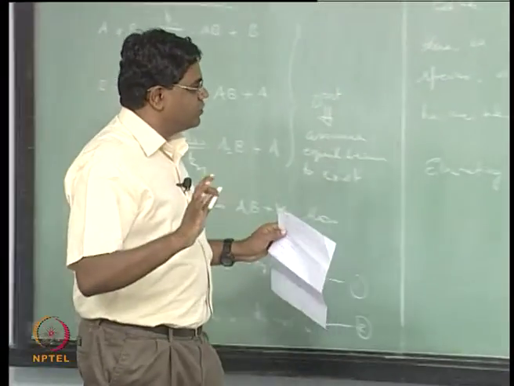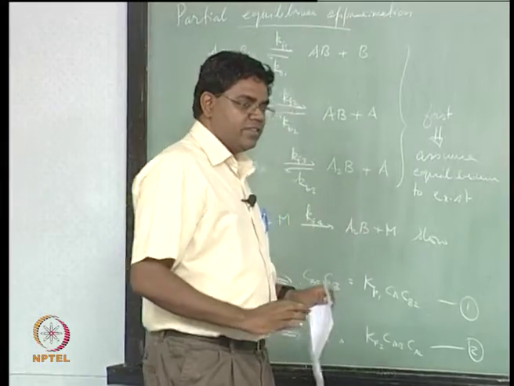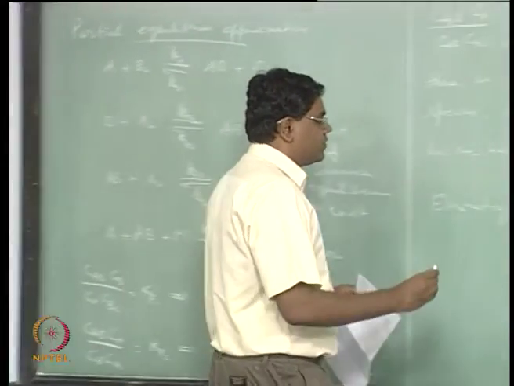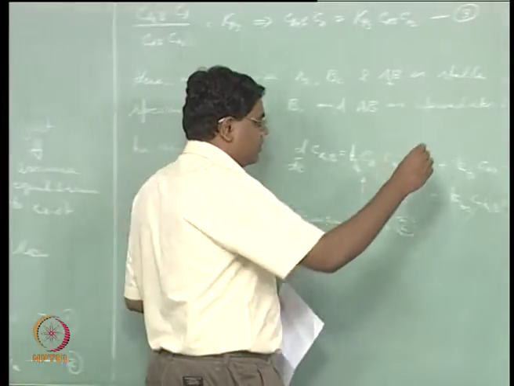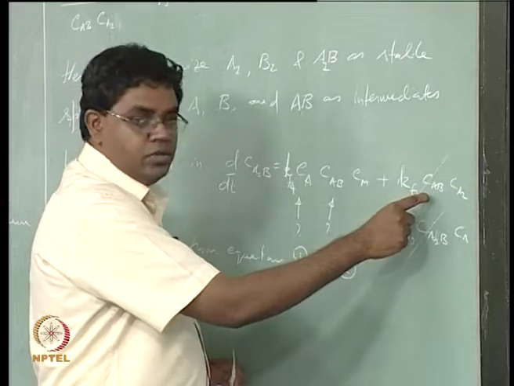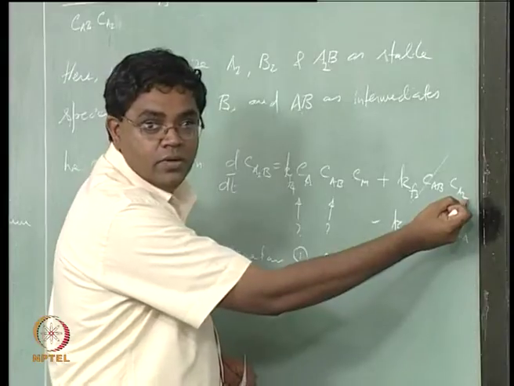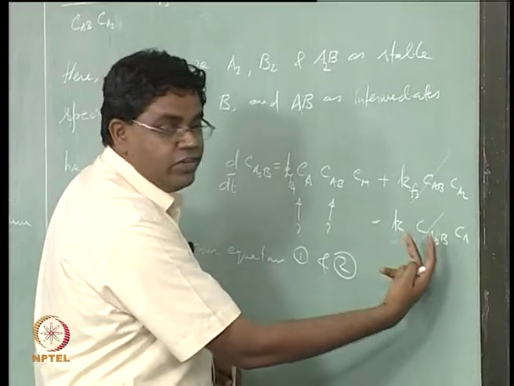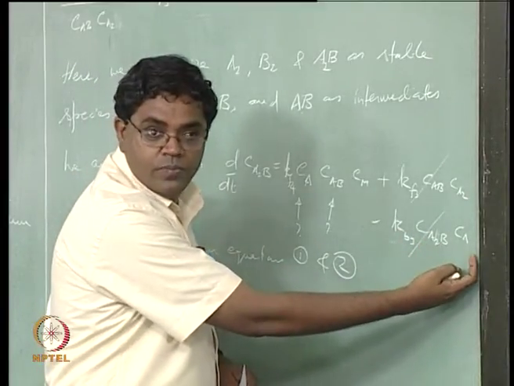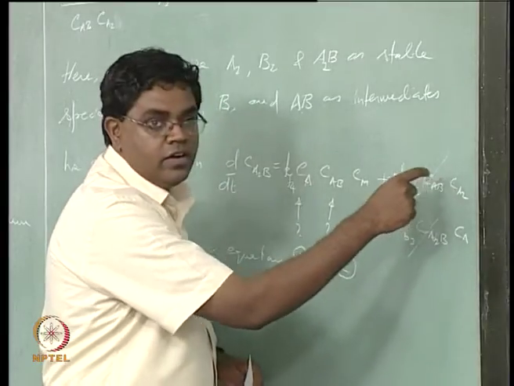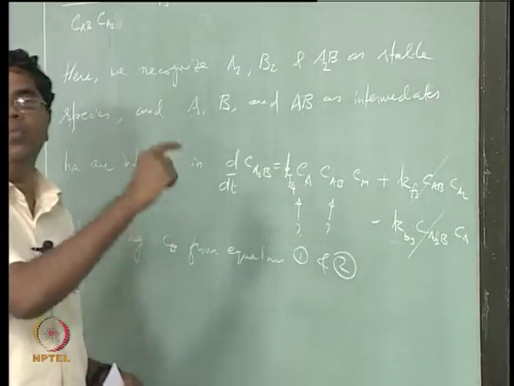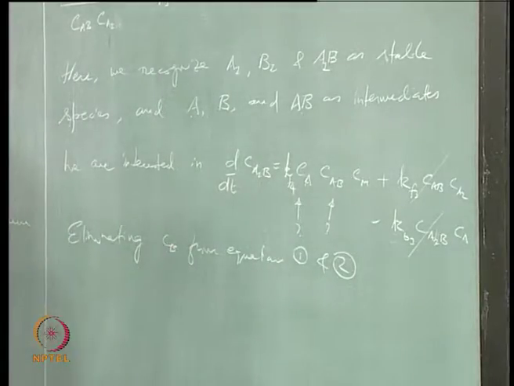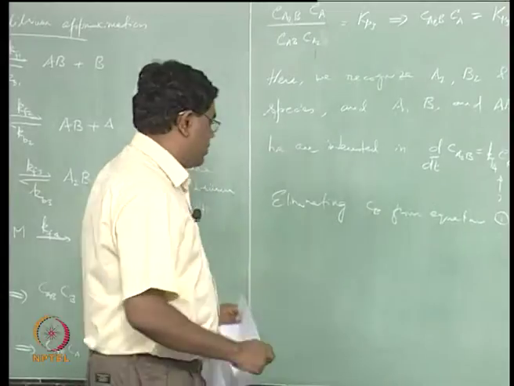So it is always good to go through the details, and therefore we are stuck with only this. If this were not to be cancelled, then this is unknown, but this is to be treated as known, and this is unknown, and still we would be requiring concentration of AB and A to be expressed in terms of A2, B2 and A2B. This is the procedure that we are looking for.